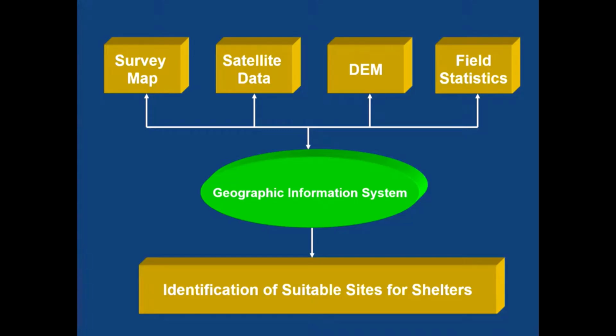And the field statistics, you can relate by taking the data from past cyclonic events, where a worst storm surge or a tsunami event had taken place. So all this data you can put in a geographic information system, and then you can identify a suitable site for construction of cyclone shelters.